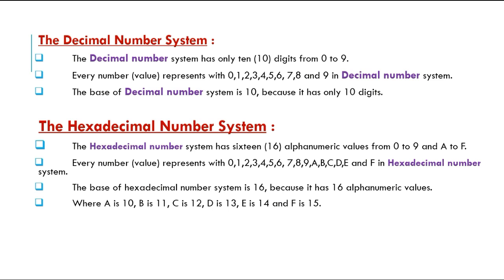Hexadecimal has 16 digits, states or divisions, and base 16. The hexadecimal number system has 16 alphanumeric values having base 16.